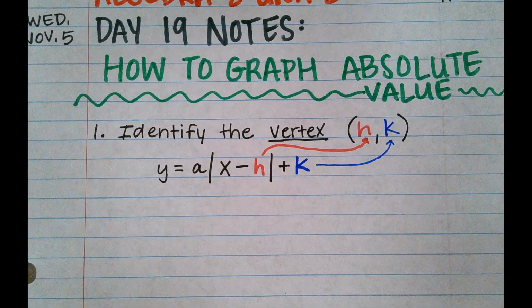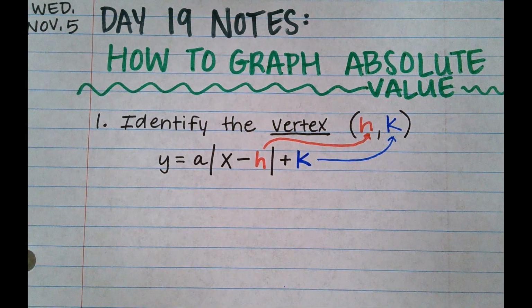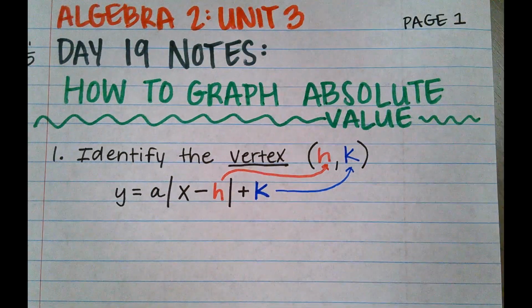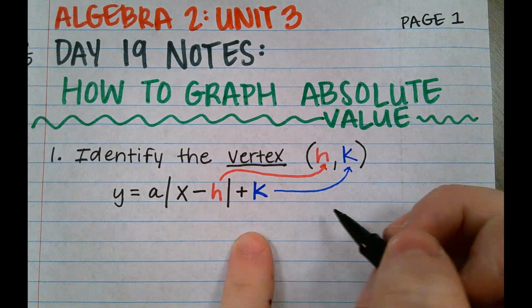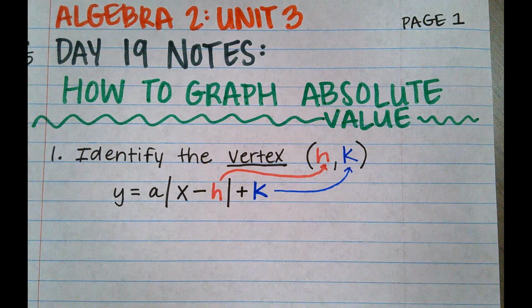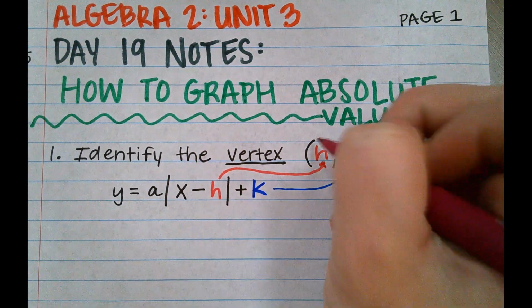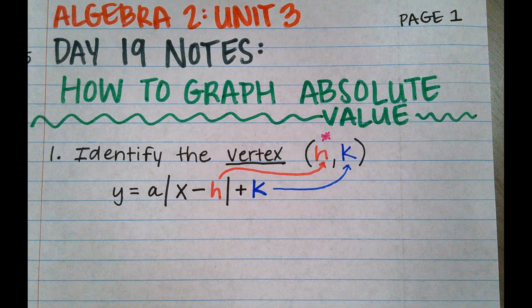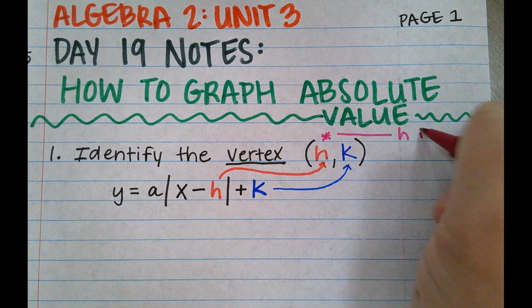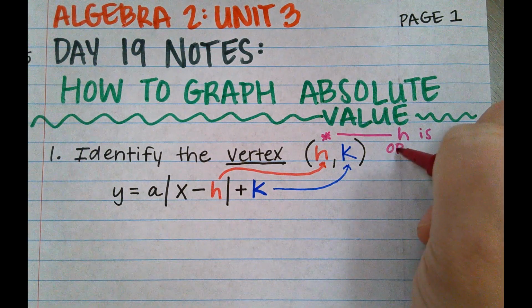So that's the first step. We identify the vertex of H and K. I'll put a star above my H and say H is opposite.